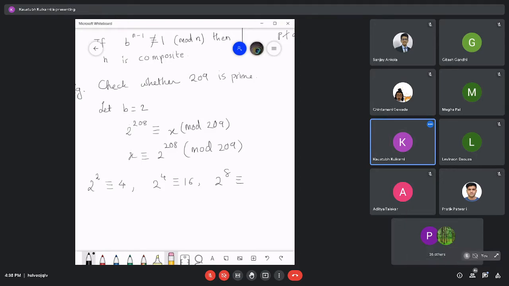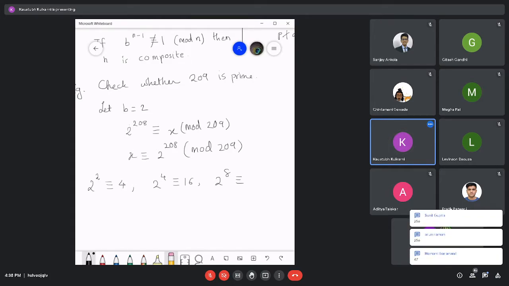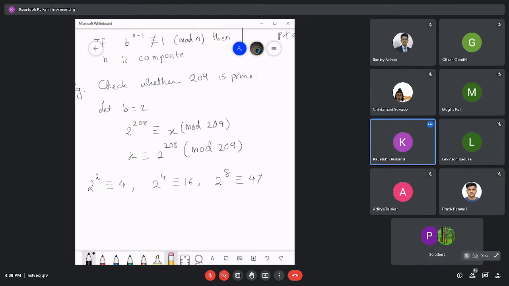Not 32. Modulo 209 we are calculating. 47 is correct. So 2 raised to 8 is congruent to 47 modulo 209. Yes, 256 mod 209 is 47, the remainder.